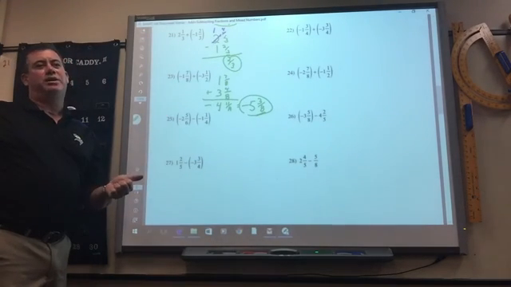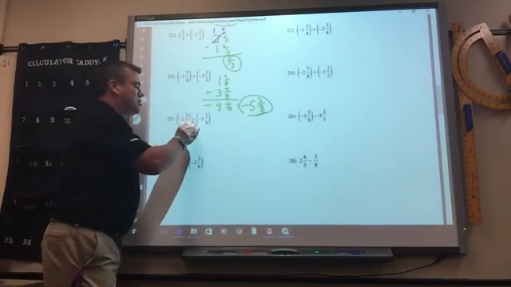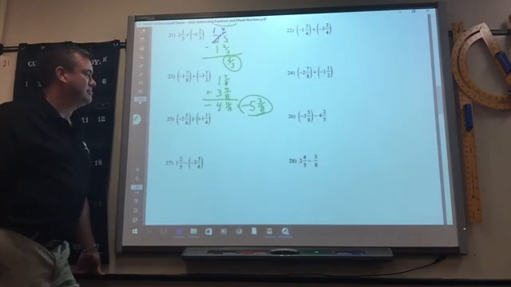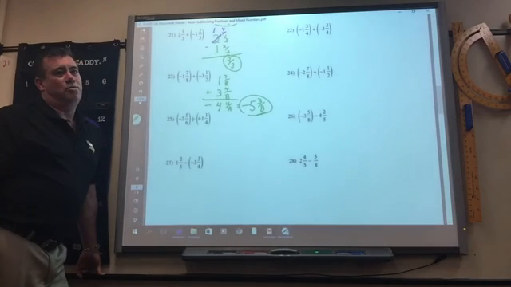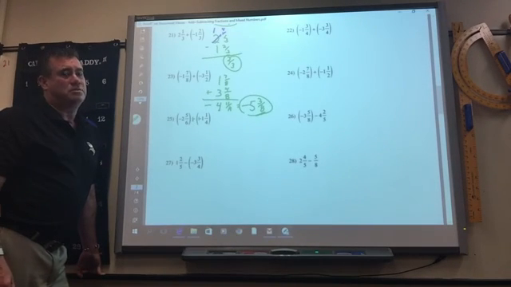Subtract problem. So what do you have to do? Change the sign, change the sign. So you've got a negative and a positive, which means you have to subtract.